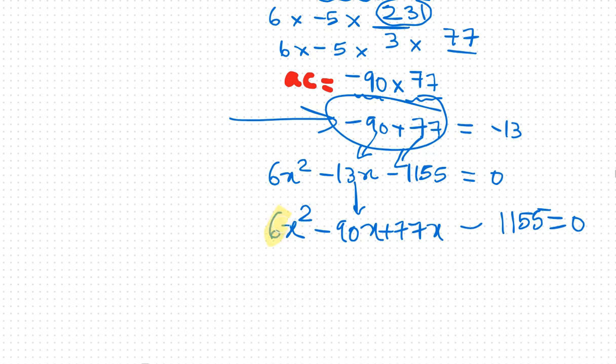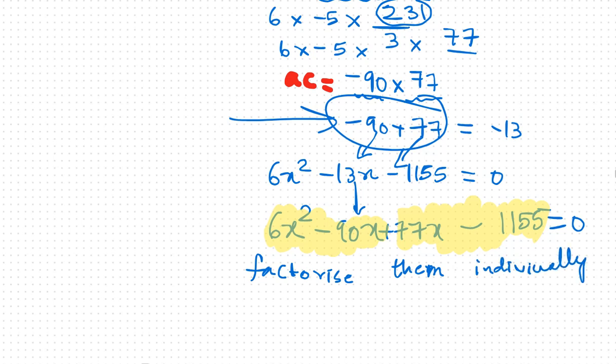What you need to do is combine the first two things together, and then the next two things together separately. Then factorize them individually. First, let's start with 6x square minus 90x. How do you factorize them?